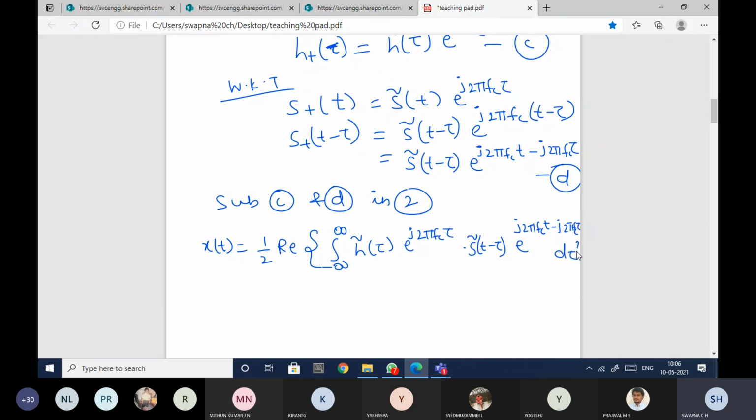Integration is with respect to tau. This is a flower bracket. So this is equal to half Re of, let us rearrange.